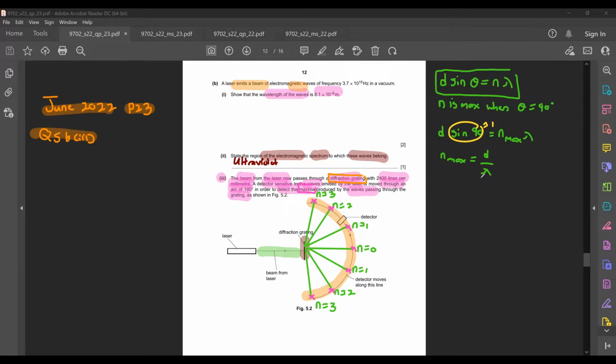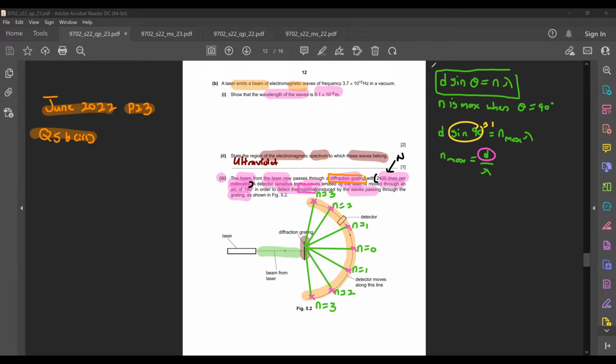So the n max is the ratio of d over lambda, but before we can go through that, you need to look at whether you have the value of d stated inside the question or not. The question just merely mentions 2,400 lines per millimeter. This is actually N, the number of lines per unit length.